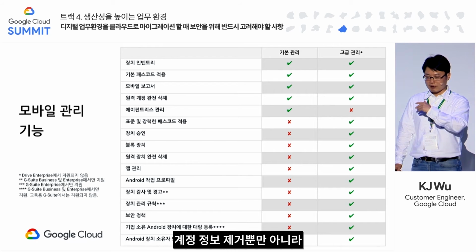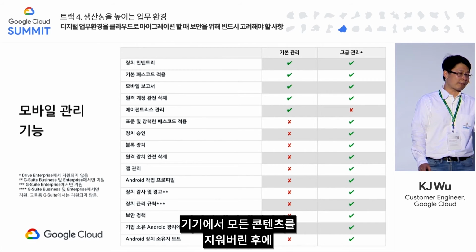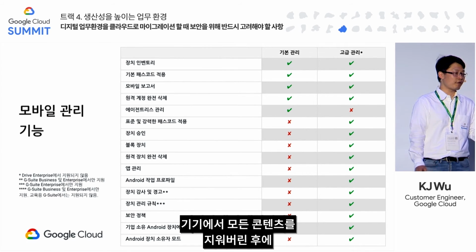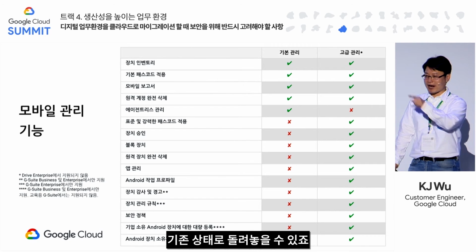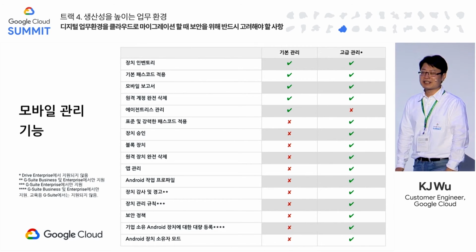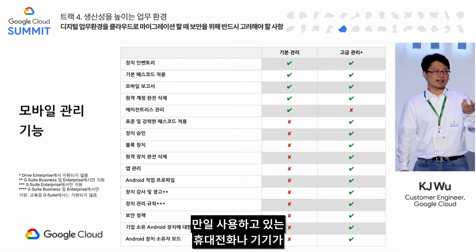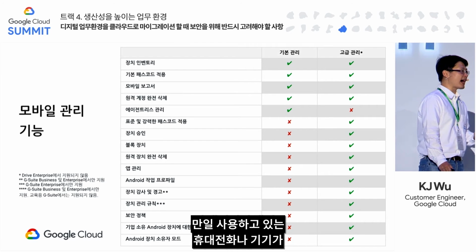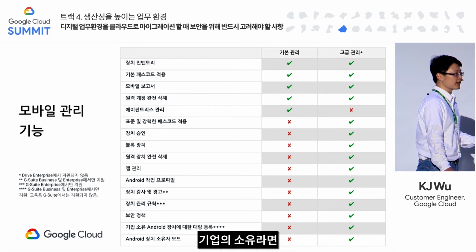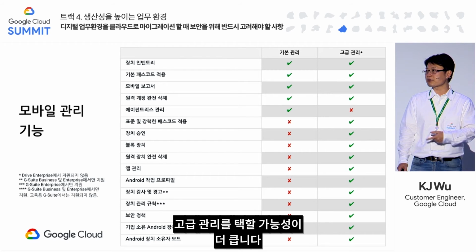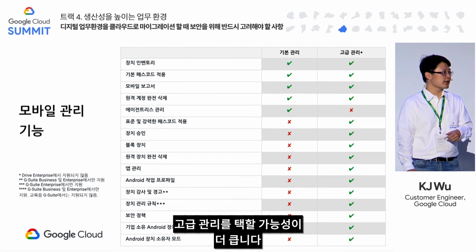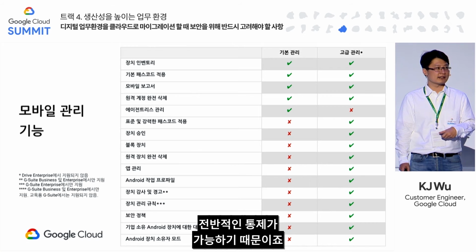Not just wiping the account, I can actually wipe the whole content from your phone and restore it back to the original state. So basically, if the mobile device is owned by the company, they will probably choose the second option, the advanced feature, so they have total control.